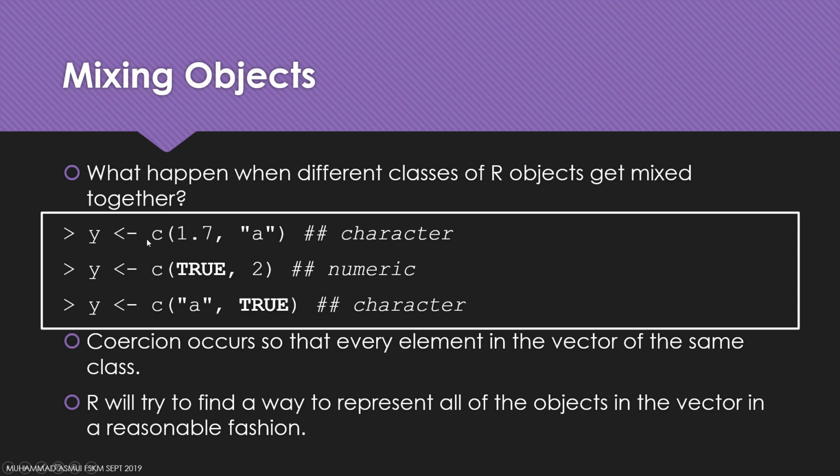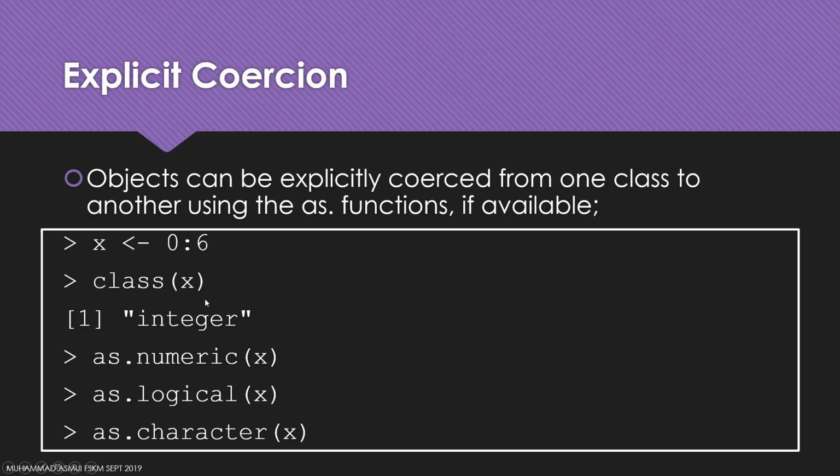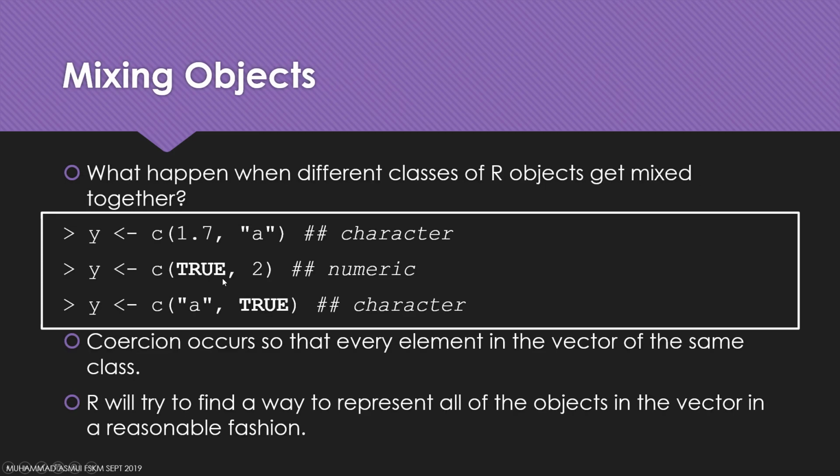Suppose that you assign y as a numeric and a character, it will become a character. A logical and a numeric, coercion happens and it becomes numeric. A character and a logical will become a character. So this is how R works.